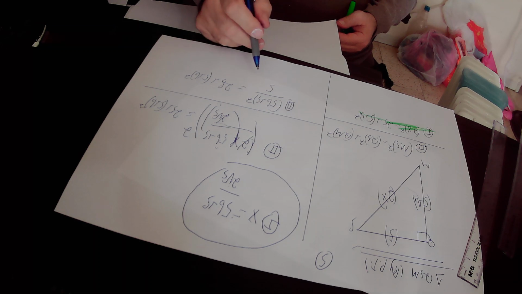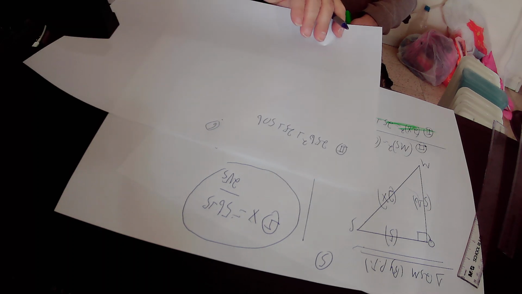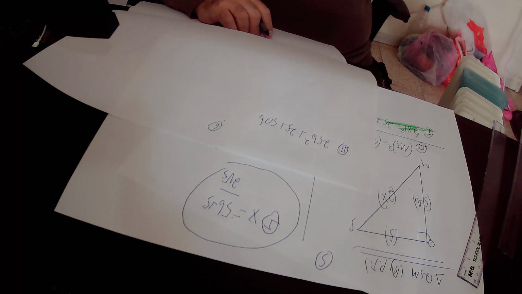So (5b plus 5) squared in total equals 25b squared plus 25 plus 50b.